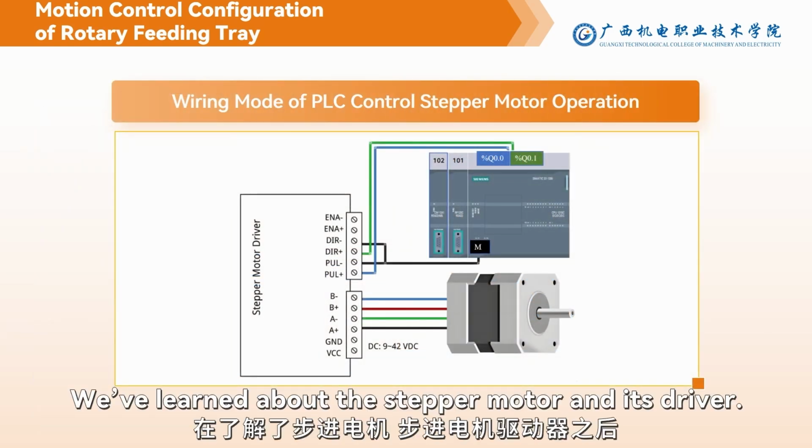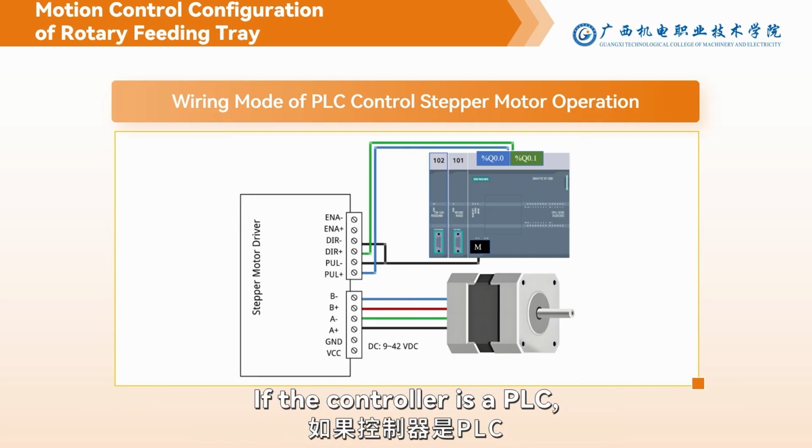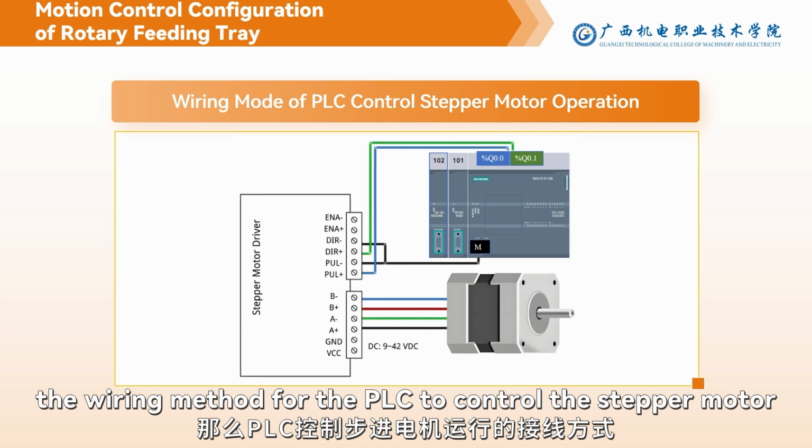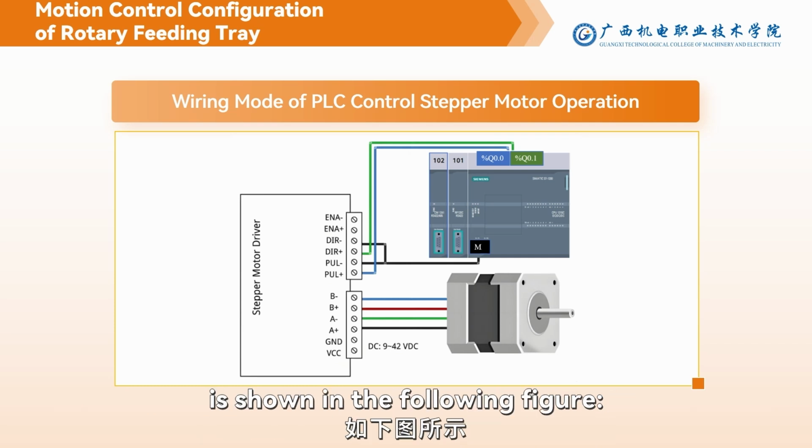We've learned about the stepper motor and its driver. If the controller is a PLC, the wiring method for the PLC to control the stepper motor is shown in the following figure.